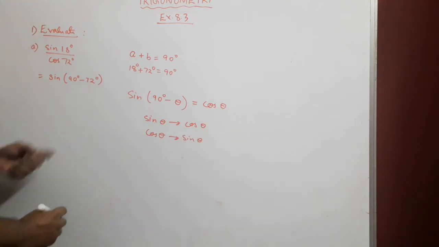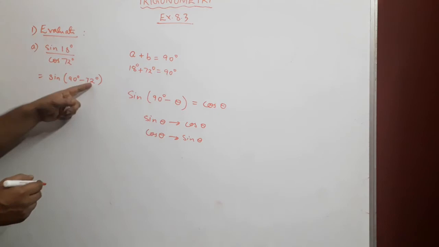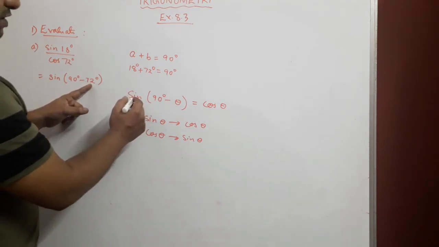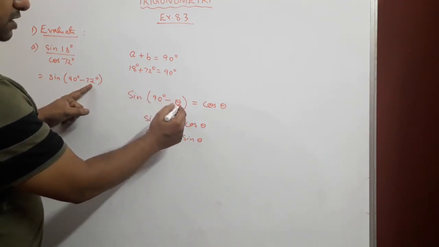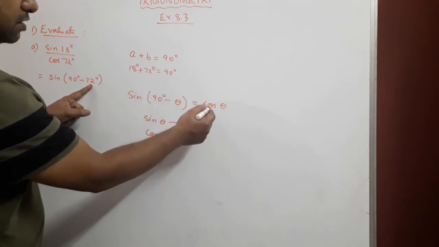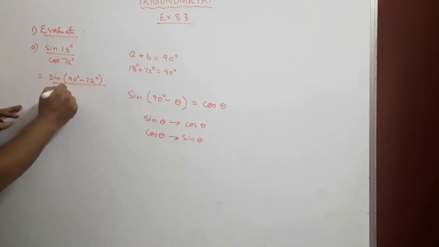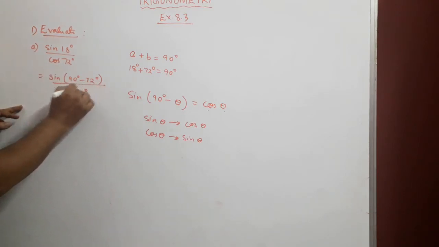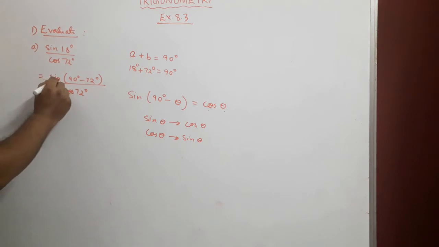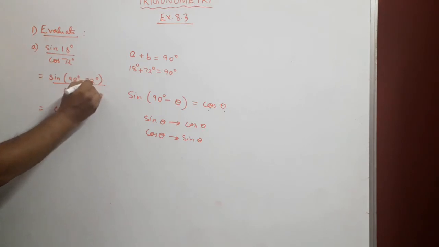So sine of 90 degrees minus theta, here the theta is 72 degrees, gives us the opposite, cos theta. So here this will give us cos of 72 degrees upon cos 72 degrees.